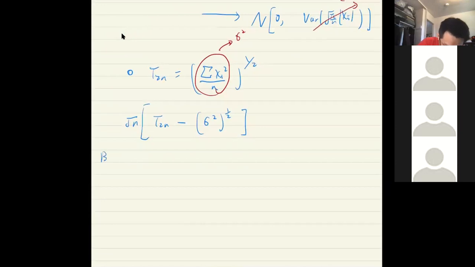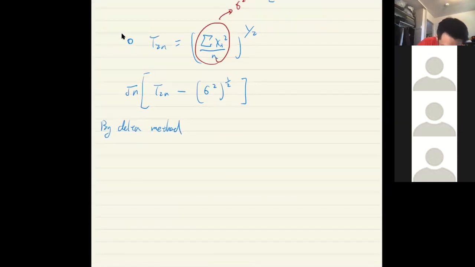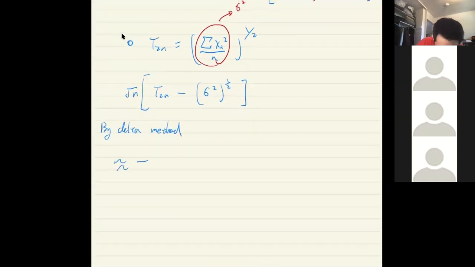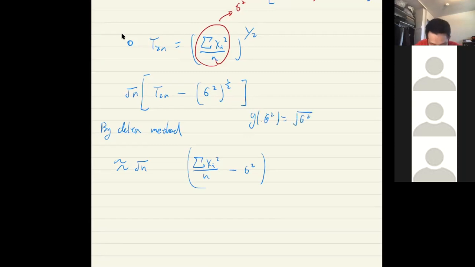So by the delta method, this can be approximated by the summation of Si square minus sigma square, and the G of mu, G of sigma square, is equal to square root.